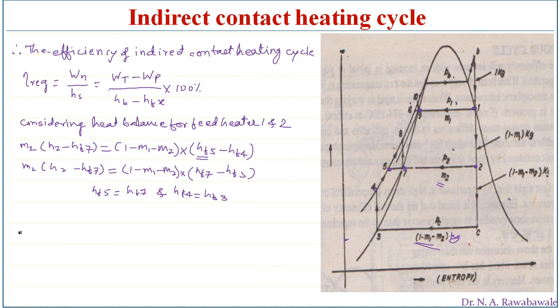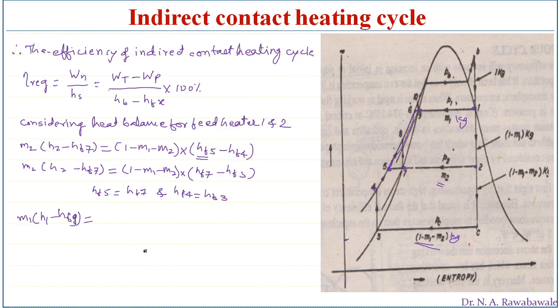So M1 kg of steam is giving its enthalpy to reduce its enthalpy from H1 to HF9, and this enthalpy is given by this M1 kg of steam to this 1 minus M1 minus M2 kg of condensate to increase its enthalpy from 0.5 to 6.